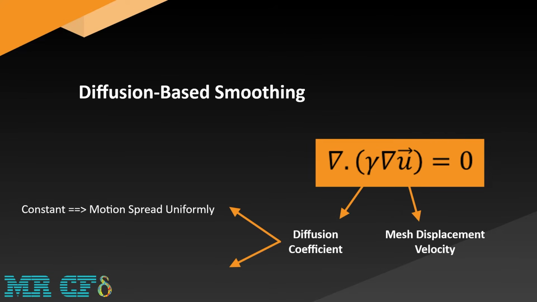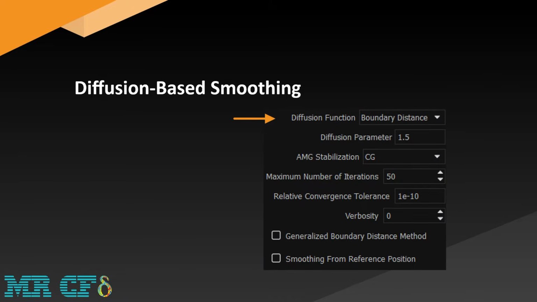This coefficient can be a constant coefficient, which means that the boundary motion is spread uniformly throughout the mesh, or it can be a non-uniform coefficient, which represents that the mesh nodes in areas with high diffusion tend to move together. Just in parentheses, there is a minimal relative movement between them. In the diffusion function section, there are two different formulations for the diffusion coefficient, or gamma.